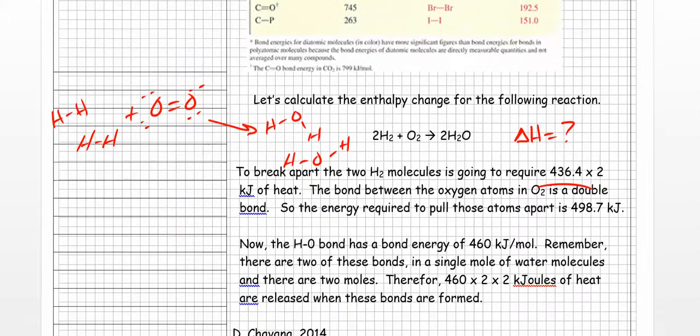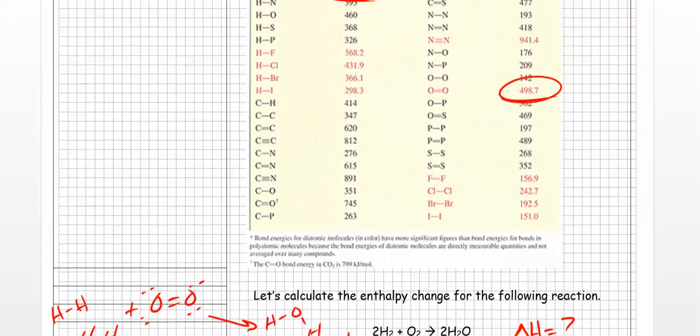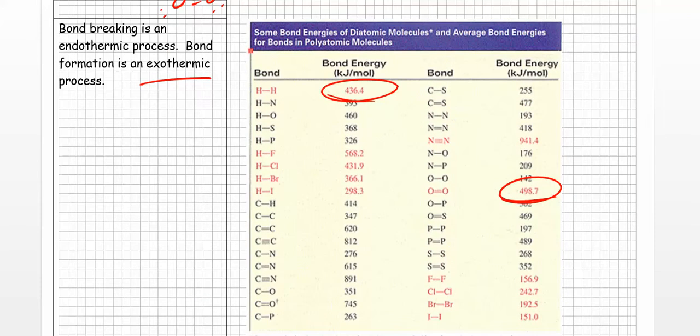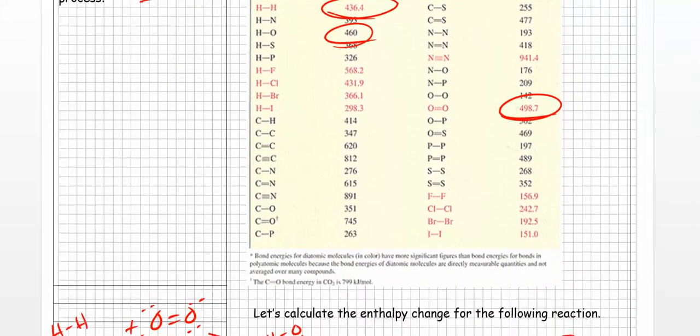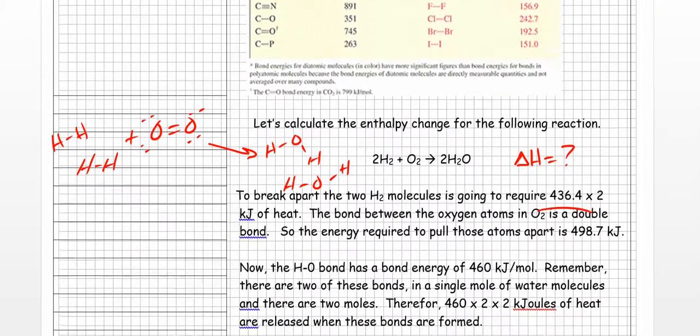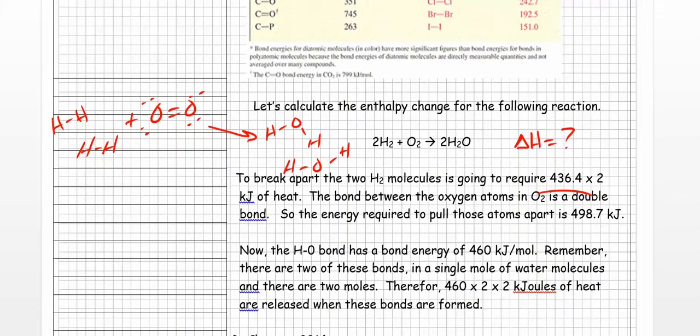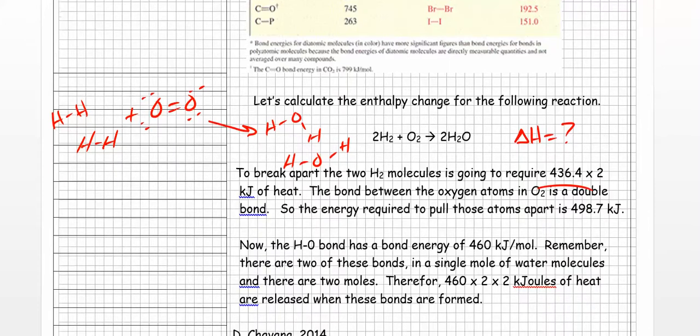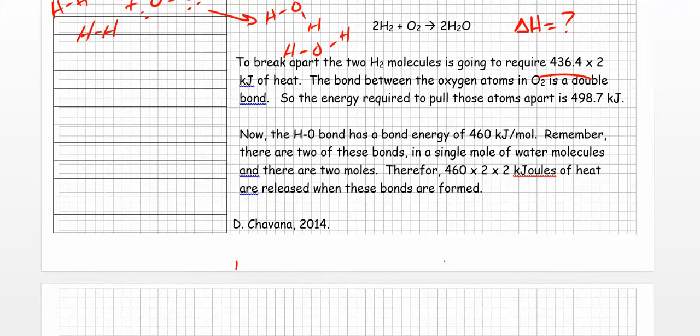Let's go back to the table and look for H-O, and it is right here. In a single water molecule, there's 2 H-O bonds, and then there's 2 moles of water on the right-hand side. So we're going to have to multiply that 460 by 2, and then by 2 again.